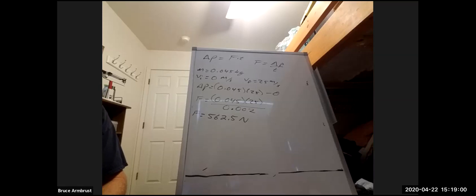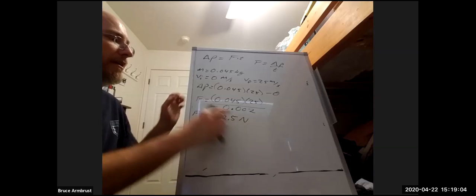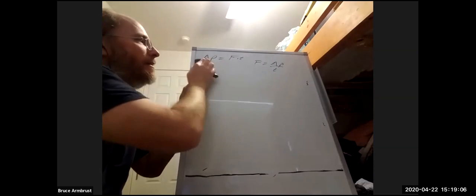All right, so let's look at number 3. Number 3, we had the train cars that were all together, and they kept picking up more cars. So we started with 3, and they are all identical, so they all have the same mass.